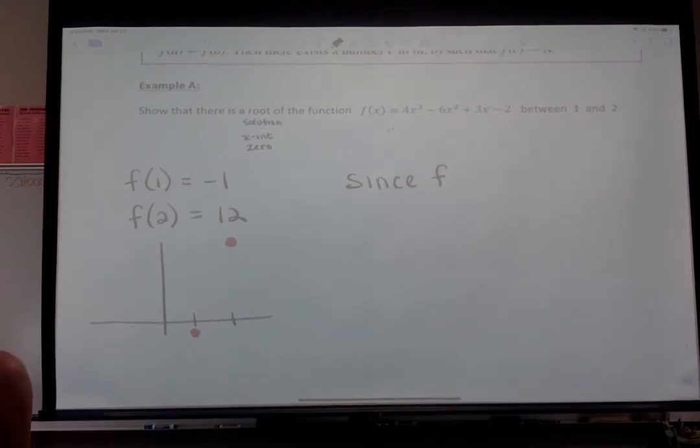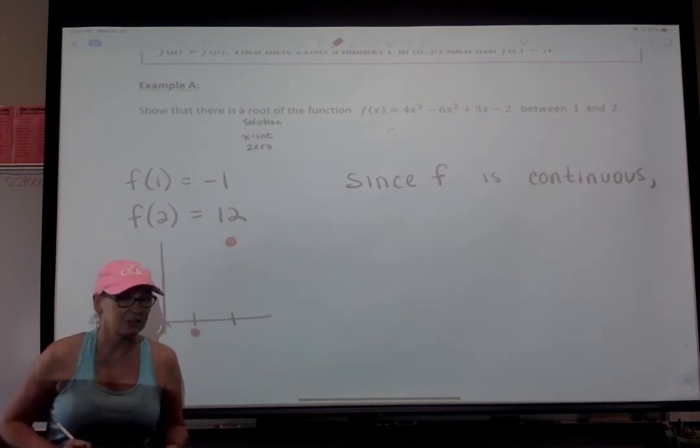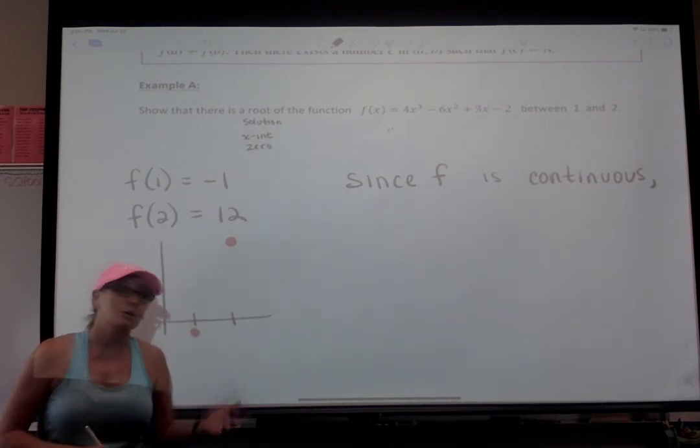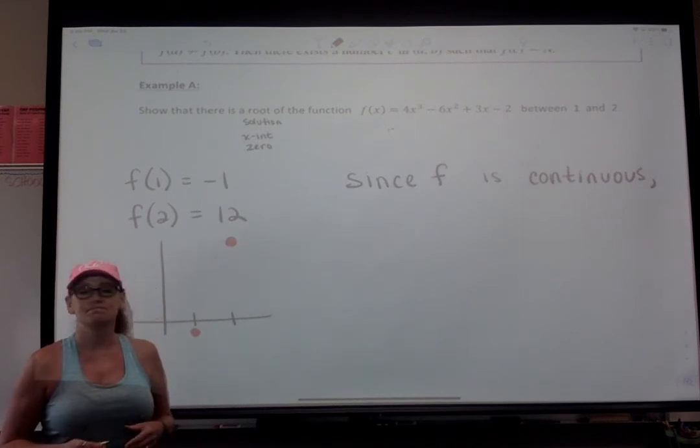Since f, calling my function by name, is continuous, you don't have to say how you know. You don't have to say, I know it's continuous because it's a polynomial, and all polynomials are continuous.